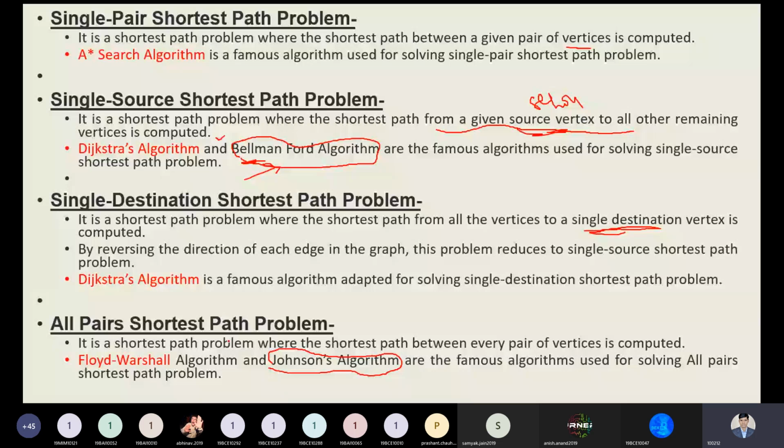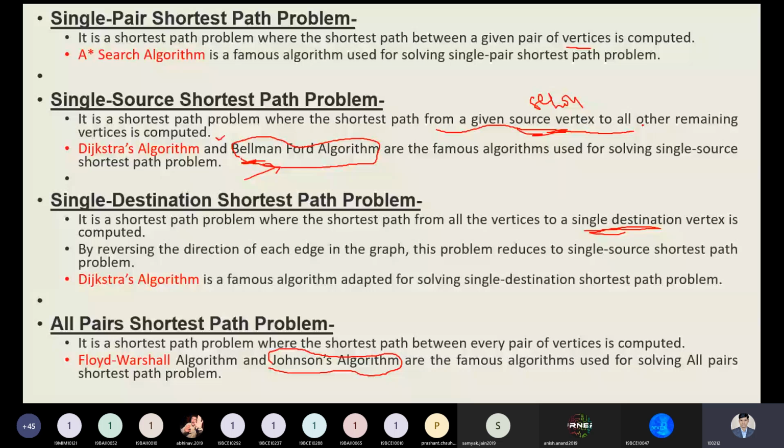Okay, so for solving the all pair shortest path problem, now in the single pair we need to look between the given pair of vertices. That pair will be given to you. In the single source shortest path, we need to start from the source vertex, and we need to compute the other remaining vertices as well.